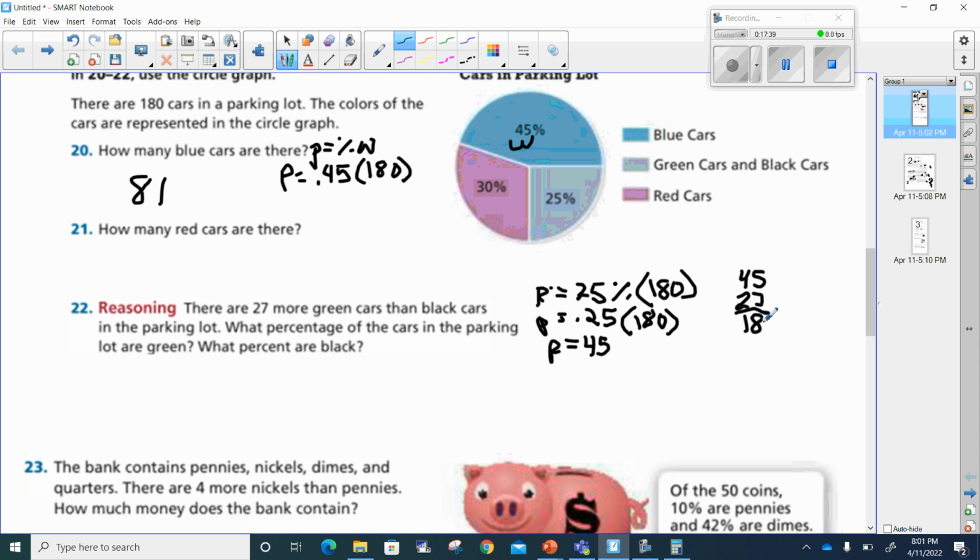Now I'm going to divide 18 by 2, since that's going to tell me where they both start off. Dividing by 2 gives me 9. So that tells me there are 9 black cars, okay? 9 black cars.